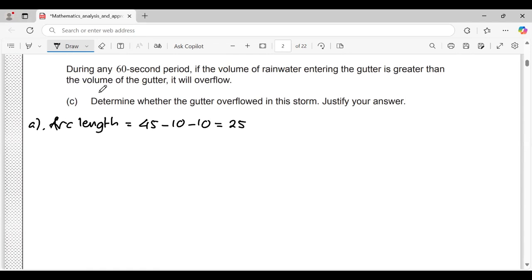And the circumference. The circumference of the circle equals 2 times 22 over 7 times 12. It is 75.42857. Okay.